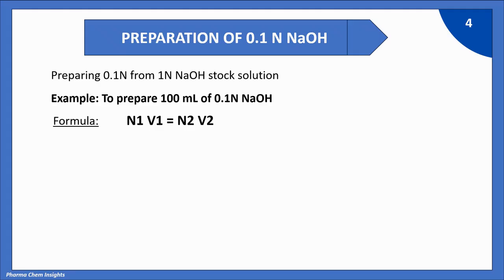By substituting the values, we have 1 into V1, where 1 is the normality of stock solution and V1 is the volume of stock required, is equal to 0.1 into 100, where 0.1 is the desired normality we required and 100 is the final volume. So by calculating, we get V1 is equal to 10 ml.